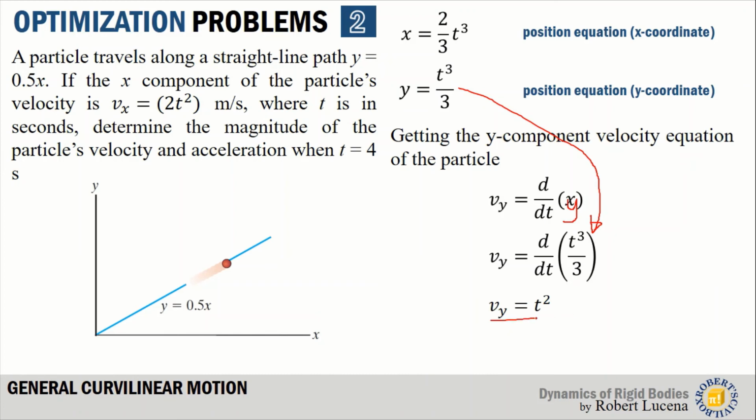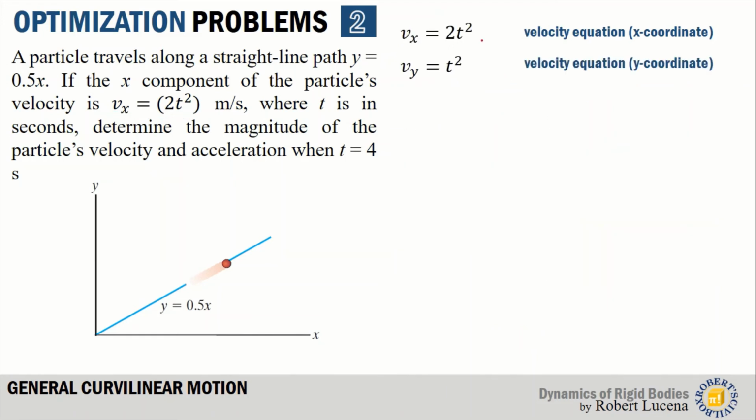Now we have vy. But recall that vx is already given. Now we have position about x, position about y, and from position of x we get velocity x, or reversely, from vx we get x. And from y we get vy. Now we have the two: vx and vy.